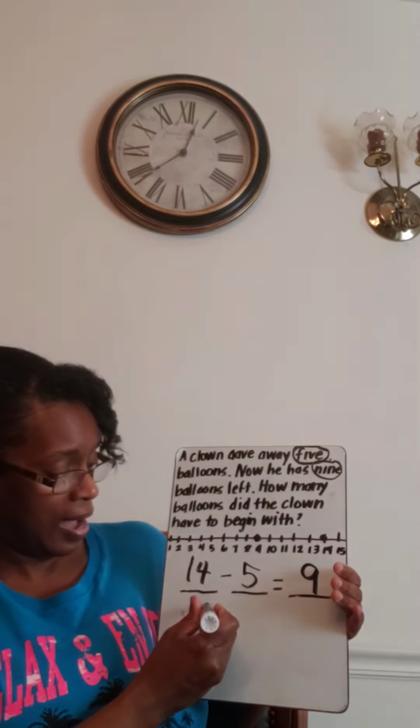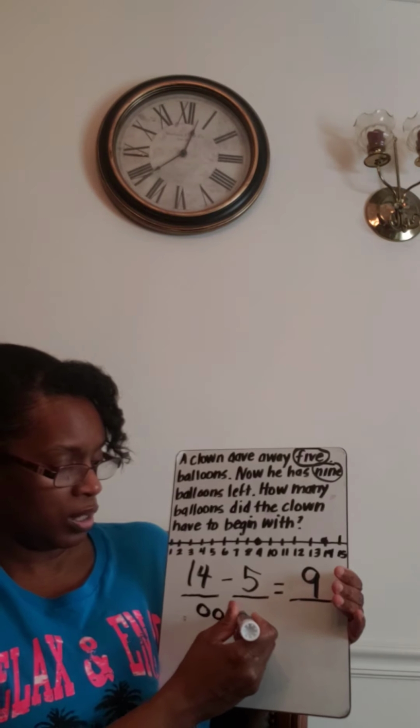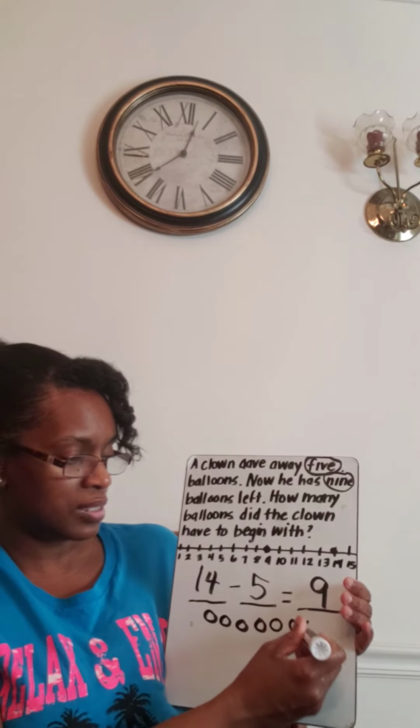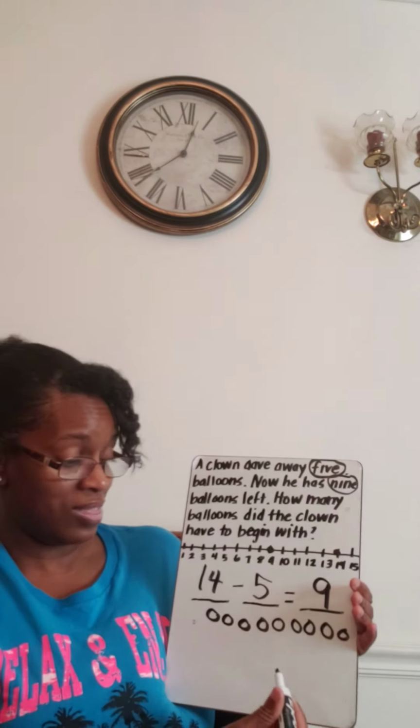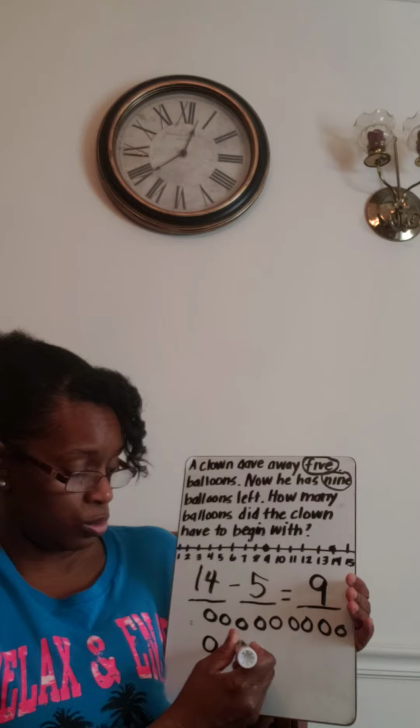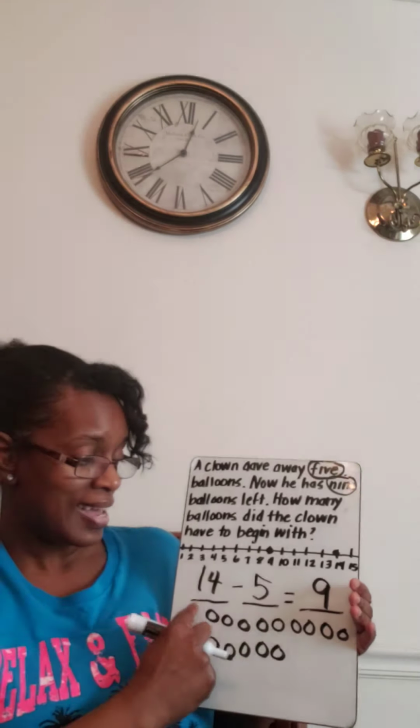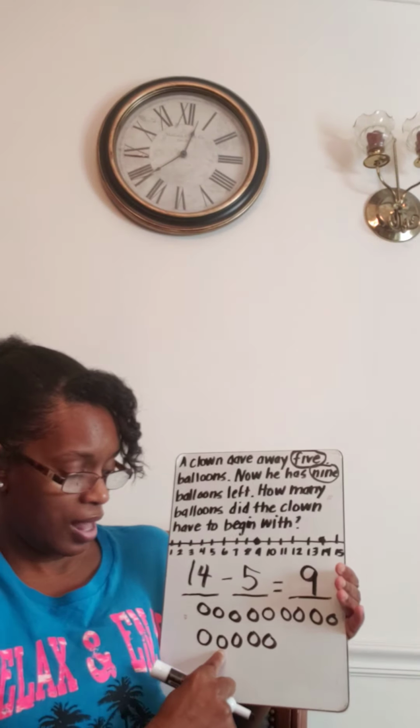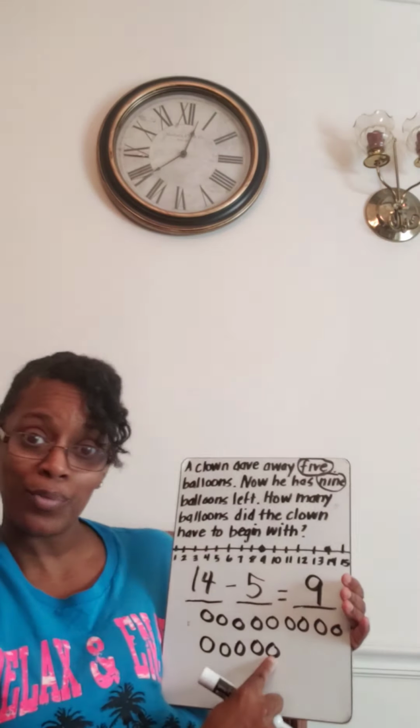I can do 9, 1, 2, 3, 4, 5, 6, 7, 8, 9, and then 5, 1, 2, 3, 4, 5, 9, 10, 11, 12, 13, 14. I can also do it in my head, guys. I can start off with the biggest number, which was 9. 9, hold up 5, count on 9, 10, 11, 12, 13, 14.